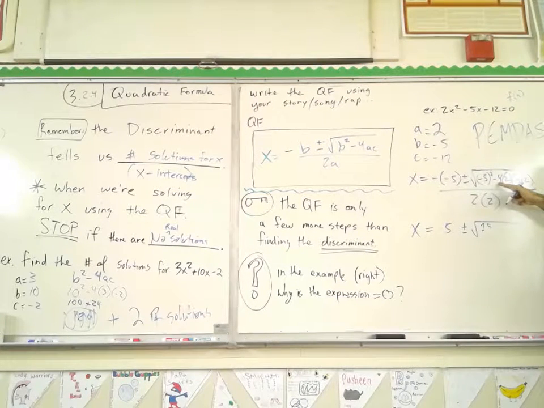And then 8 times. Right. So what's -8 times -12? Positive 96 here. Right, all over 4. You see how it got a lot easier really quick.